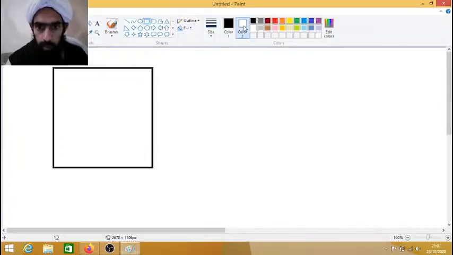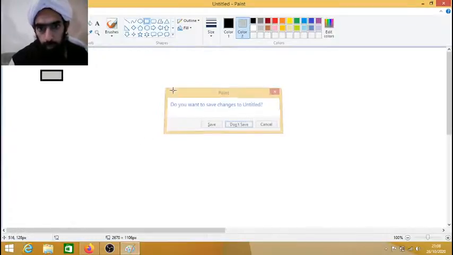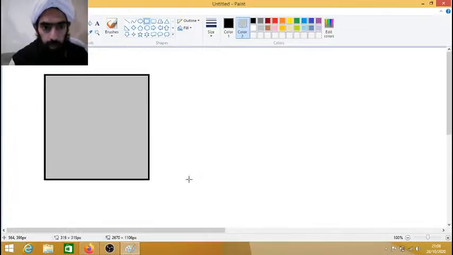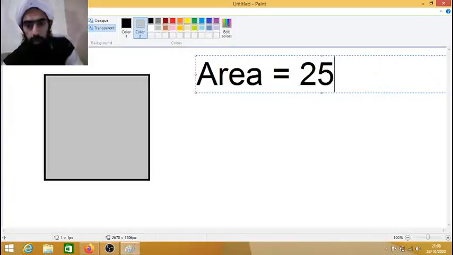Imagine a square which is 5 by 5. The area of the square would be quite easy to work out, and that's going to be 25.